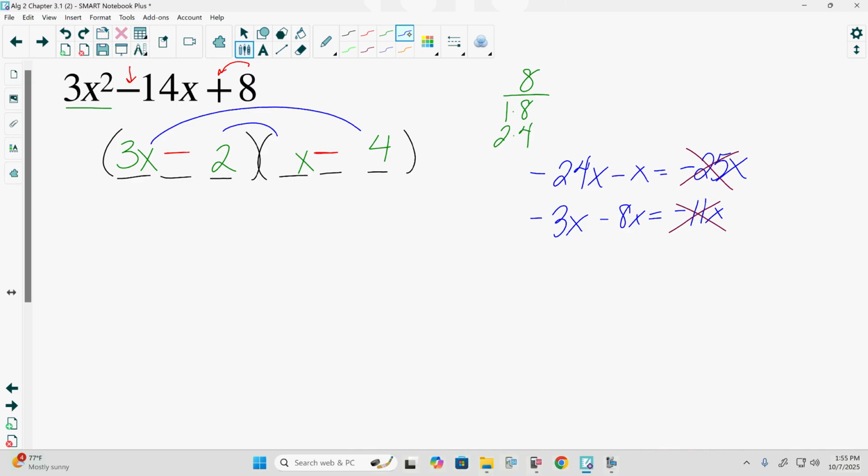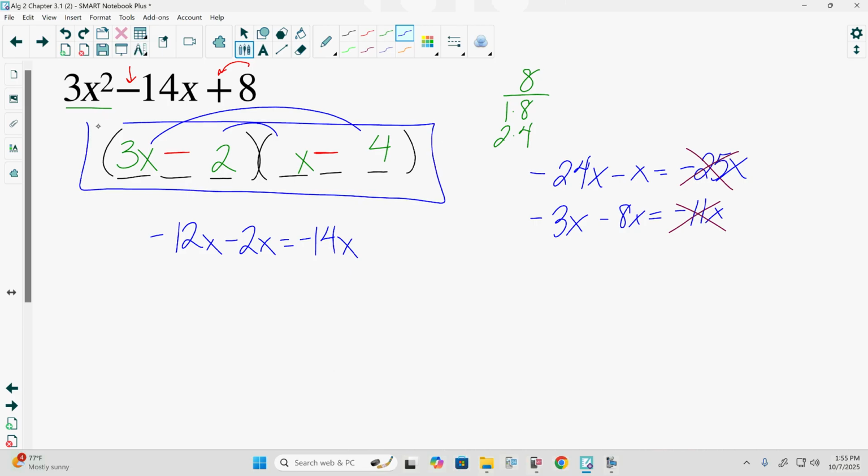And we can check this here. 3x times negative 4 would be negative 12x. Negative 2 times x is negative 2x. And negative 12 minus 2 is indeed negative 14, which is the middle term we wanted. So we have this here. Questions on this here? Questions on anything we've done so far?